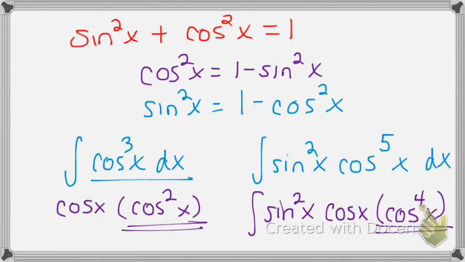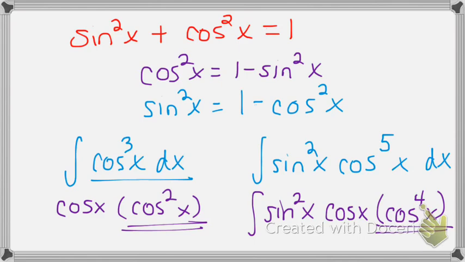So cosine to the fourth of x would be cosine squared, squared. So it's going to be 1 minus sine squared of x, squared. So if one of them is odd, you'll leave one of them alone and change all the other even powers using the identity. And then I'll show you how all that works.